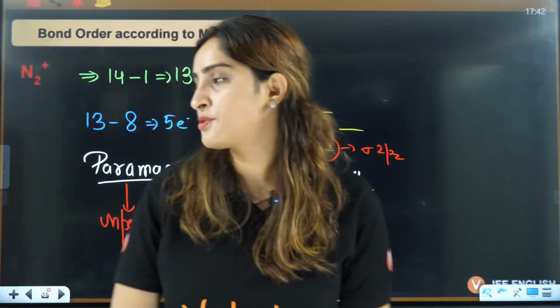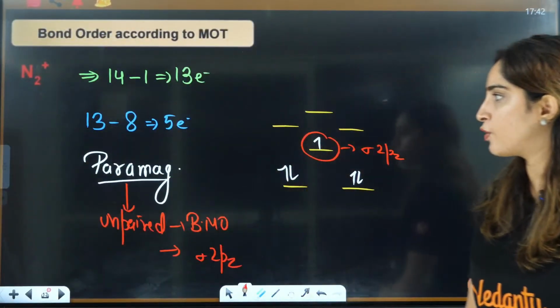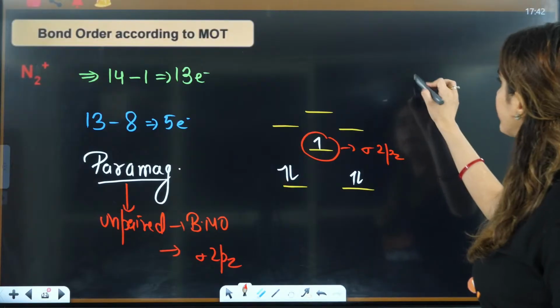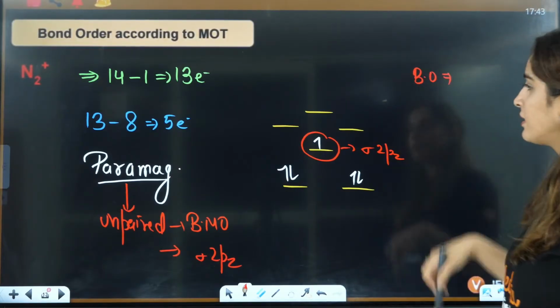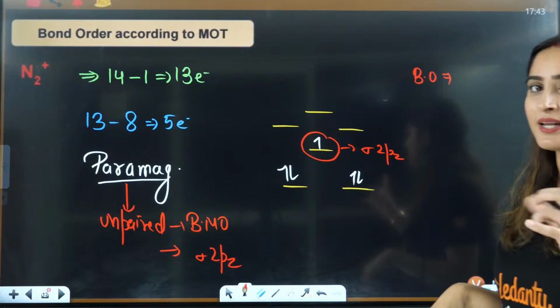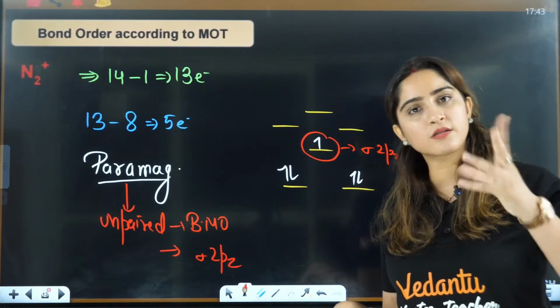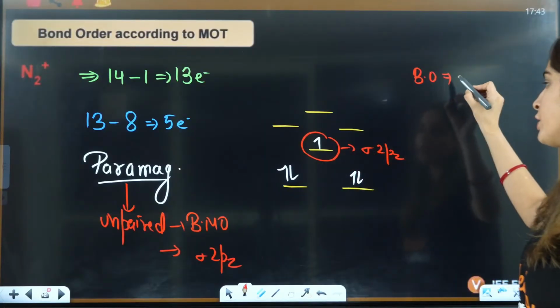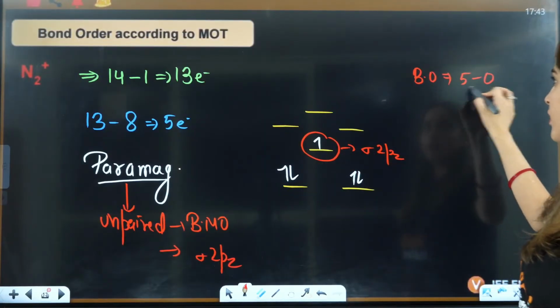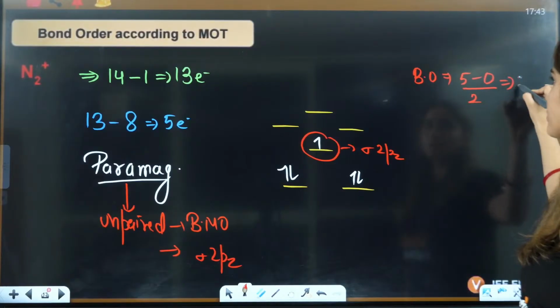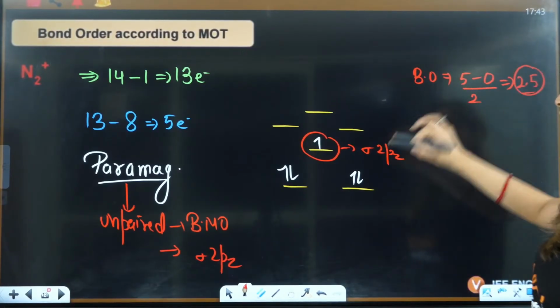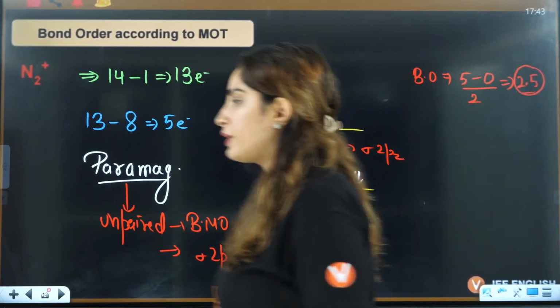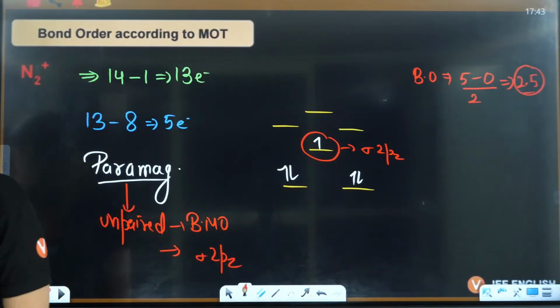This also they can ask you. If you see the bond order, KK dash, sigma 1s, sigma star 1s, sigma 2s, sigma star 2s will cancel eventually. Here in bonding you have 5, anti-bonding 0, divided by 2, that is going to be 2.5, and paramagnetic.